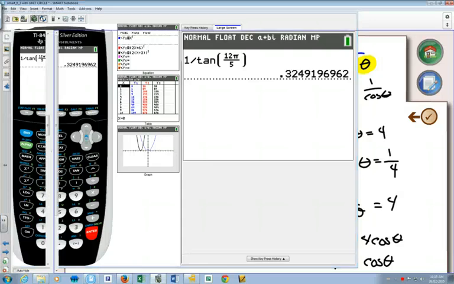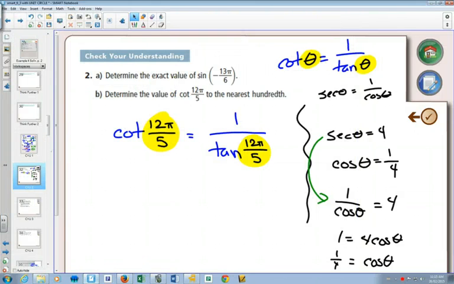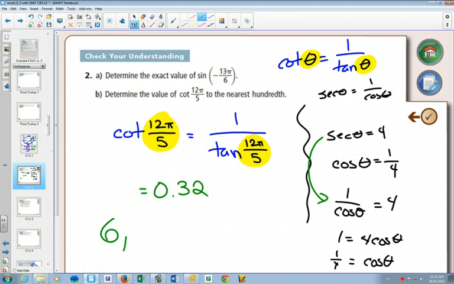And we've been asked to round to the nearest hundredth. So we get 0.32. So it's just a calculator question. Rather simple. There's some ones you can practice in the homework, 6 and 11.